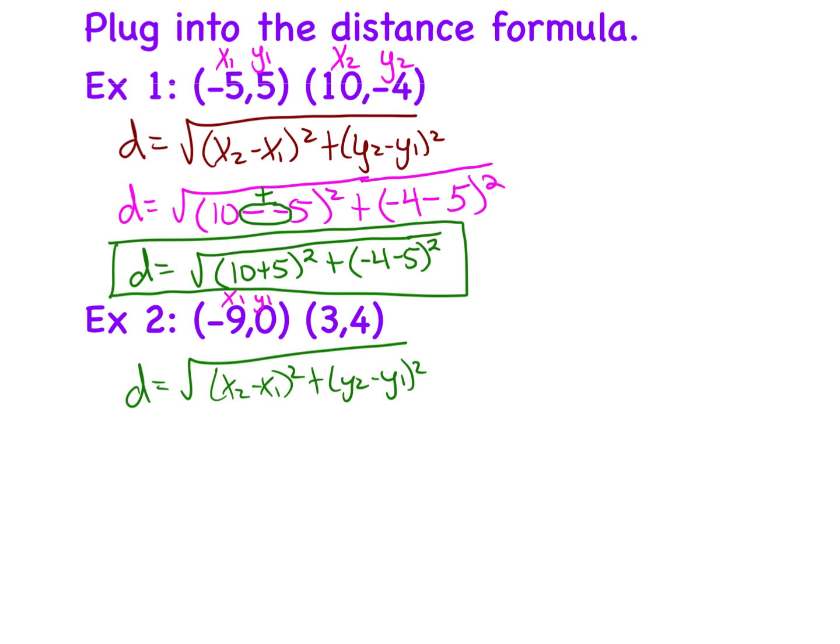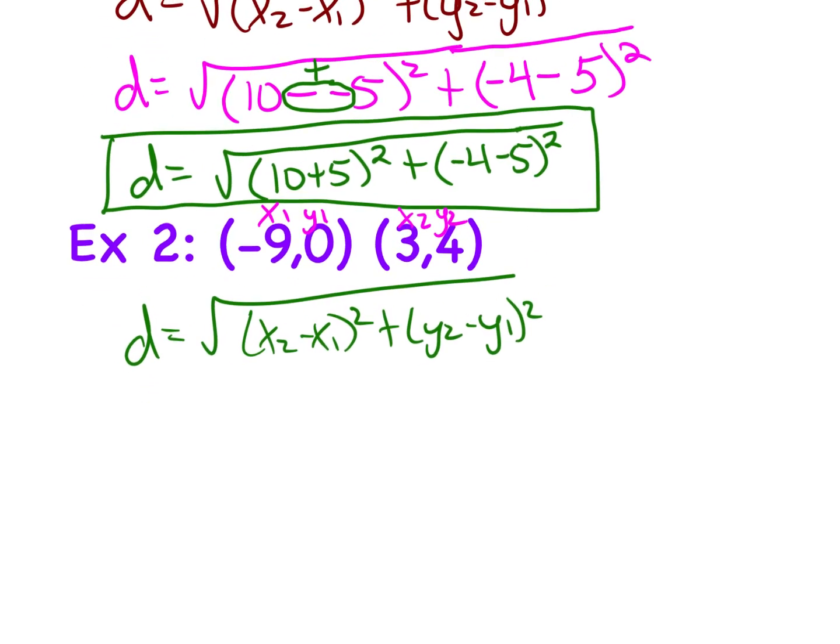What's the 3, 4 going to be? x2, y2. All right, let's plug in for it. Remember, bring that radical down to every step you do with these. Don't leave the radical out or you'll get it wrong.